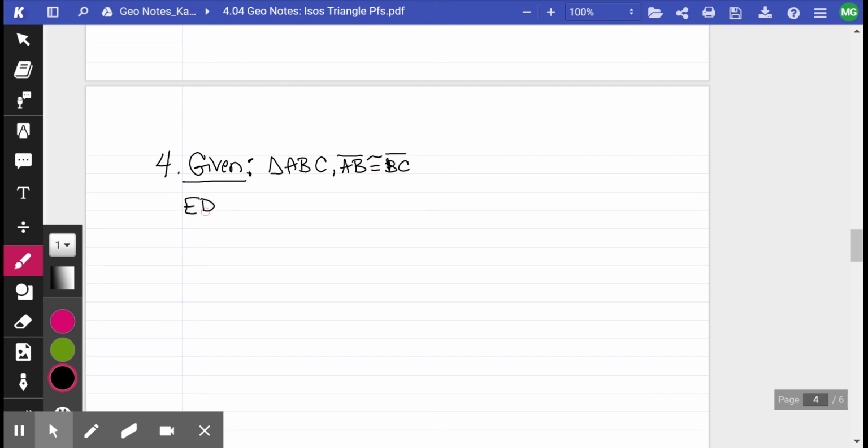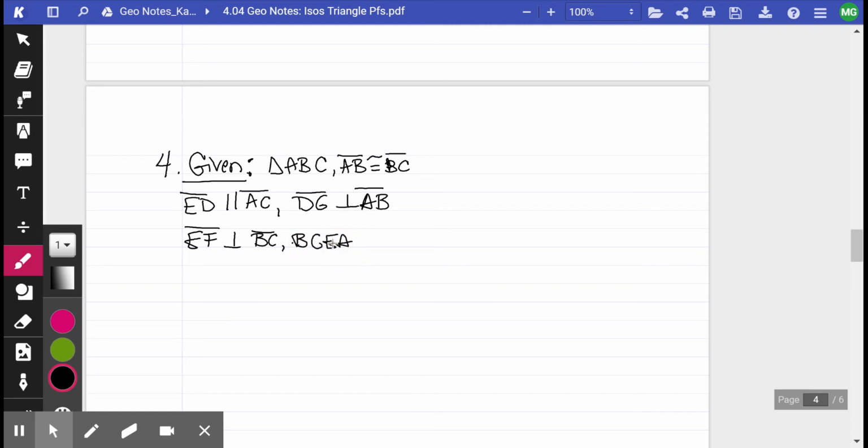We have segment ED is parallel to segment AC. I like this proof because it brings in a lot of different things. Segment DG is perpendicular to segment AB. Segment EF is perpendicular to segment BC. And then they give you these here.